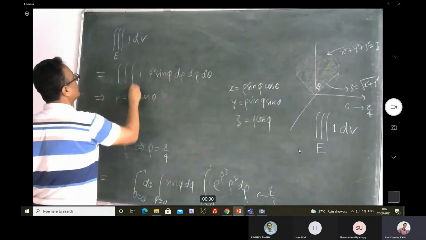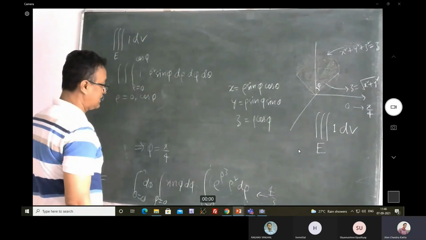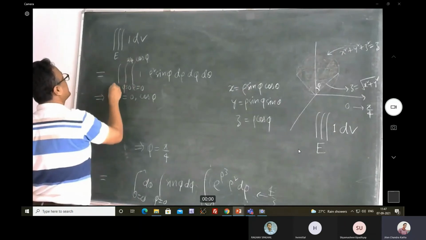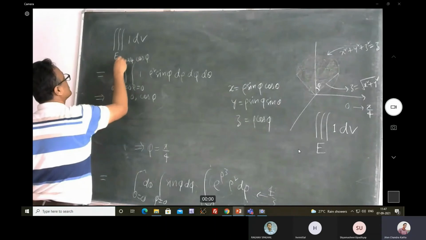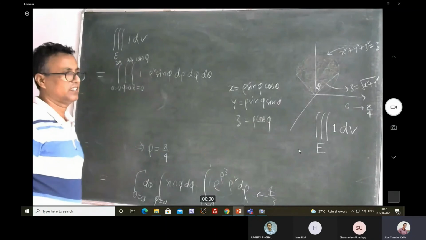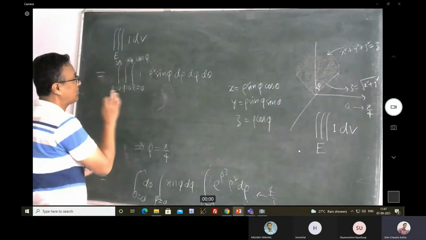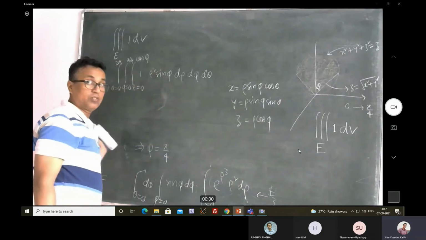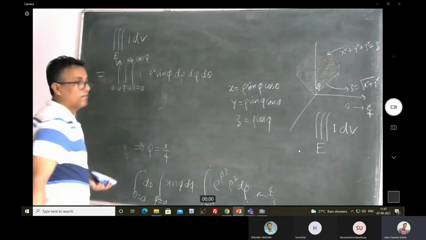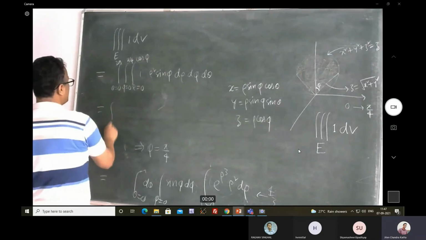So for rho, I am having 0 to cos phi, and then for phi 0 to pi by 4, and then your theta 0 to 2 pi. Okay, so I have got all the information, so you can easily integrate it. This integration is not that difficult. Only thing is that you cannot separate the variables out. You have to remember that, because now you can see that here the upper limit is a function of phi.